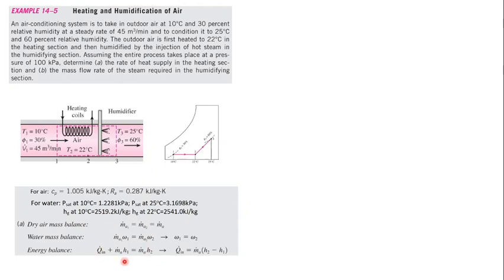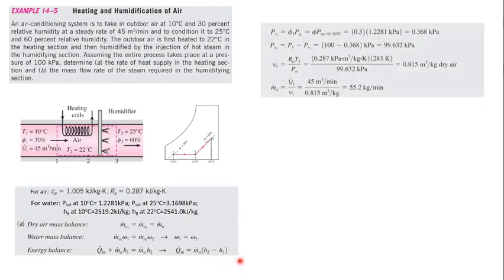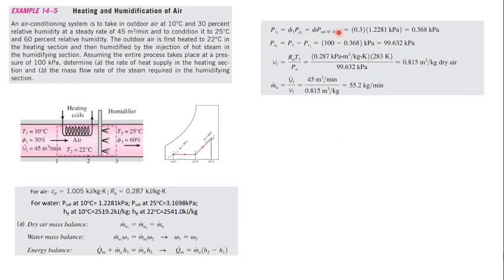So rearrange, we can get the rate of heat supply. So in this question, we need to calculate the rate of heat supply at the heating section, which is 1 to 2. So we need the value of m dot A, and also we need the values of H2 and H1.